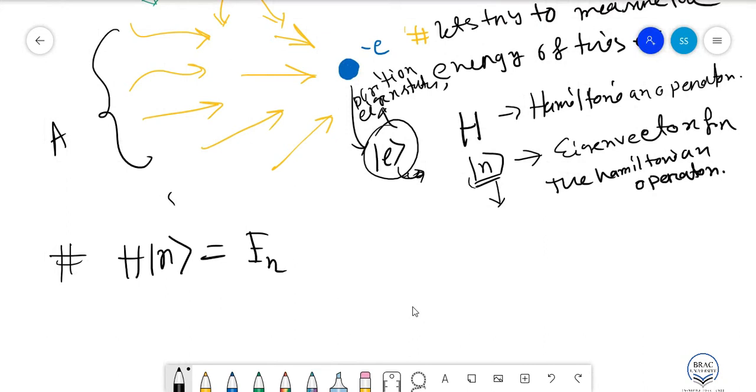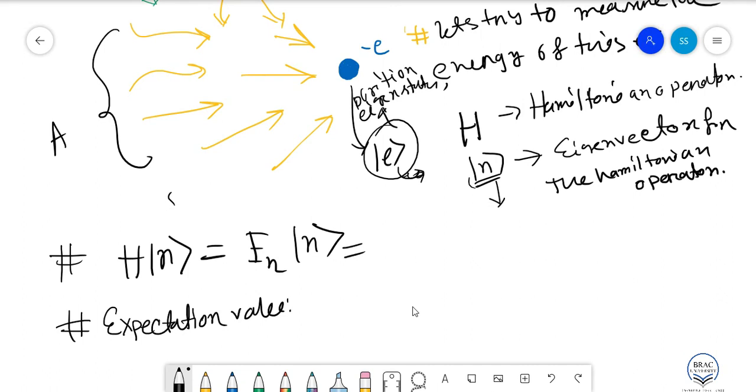Let's say I'm denoting this with E_n, and this is everything. In fact, there is also something called an expectation value that comes from this equation over here, and it is denoted by this sandwiching.